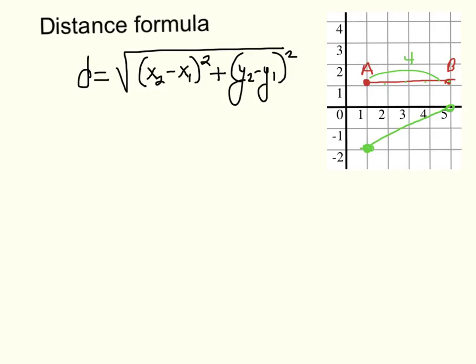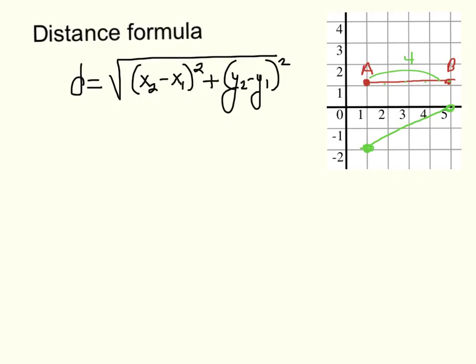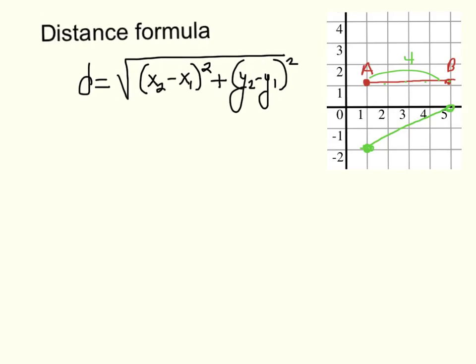You add them together, and then you take the square root of the entire sum. The 2 points that you're going to use are (x1, y1) and (x2, y2).